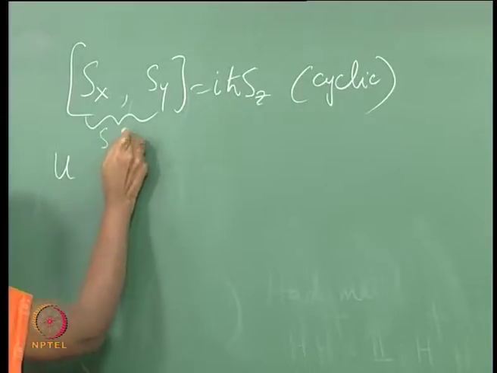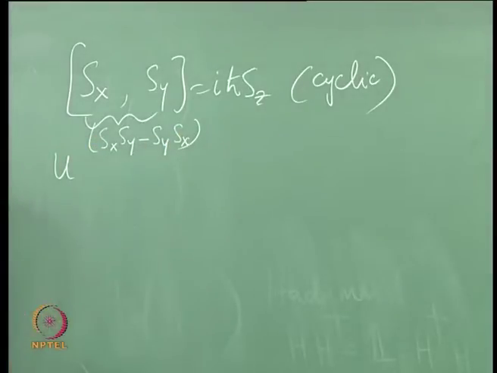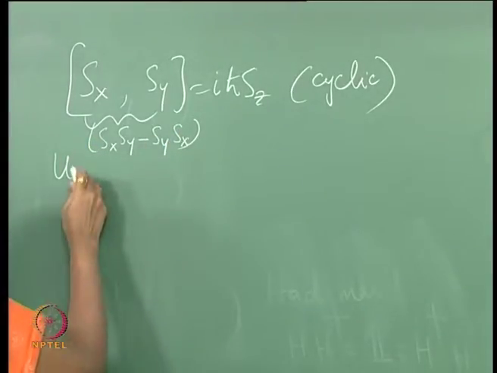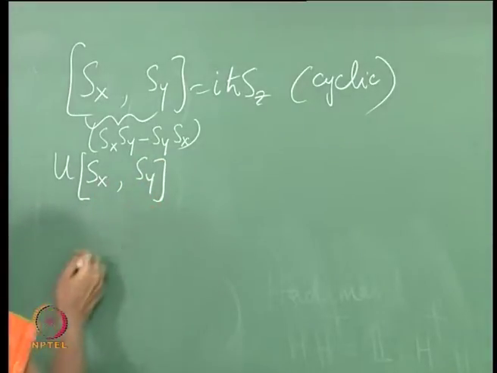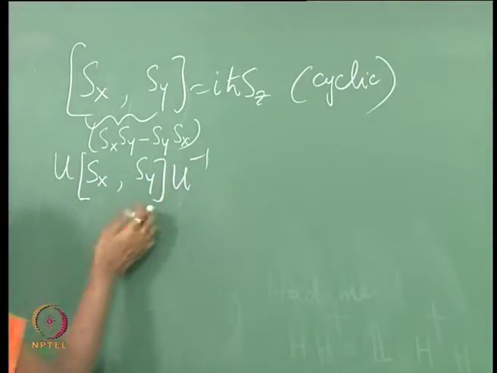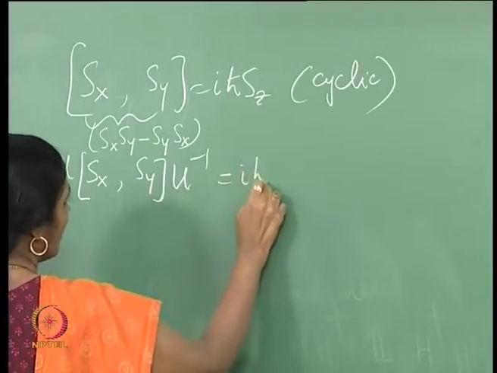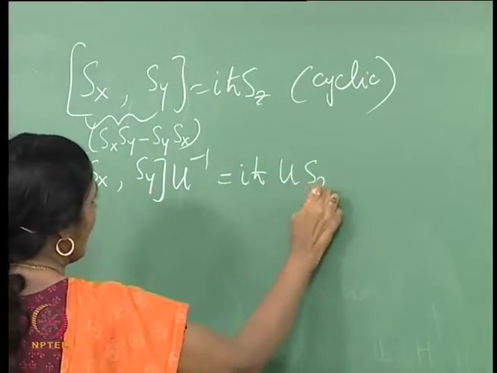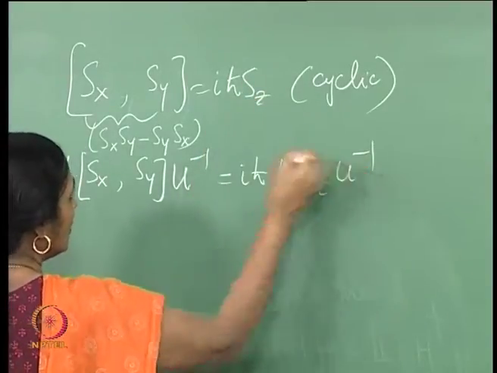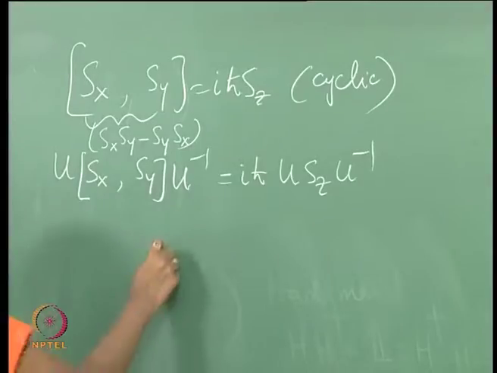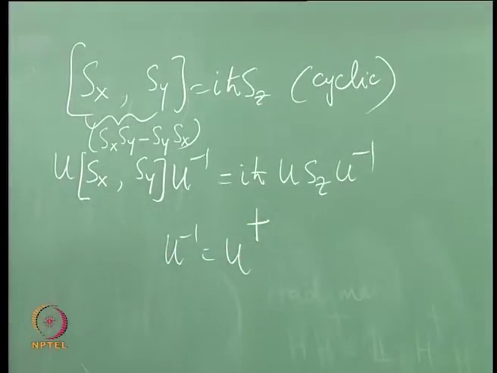Let us recall that this is the same as Sx Sy minus Sy Sx. If I flank this operator with u on this side and u inverse on that side, obviously I will have to do the same thing on the right hand side. Remember that u inverse is the same as u dagger because this is a unitary operator.